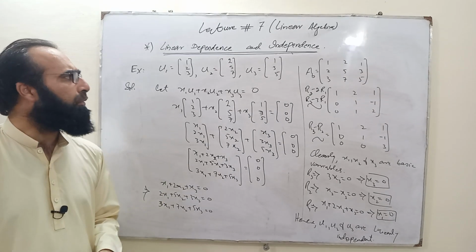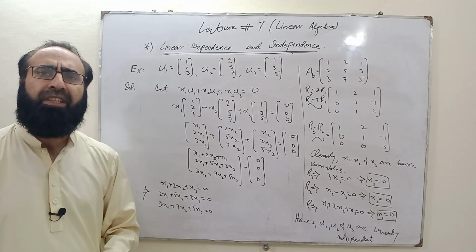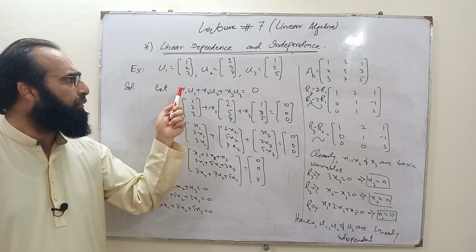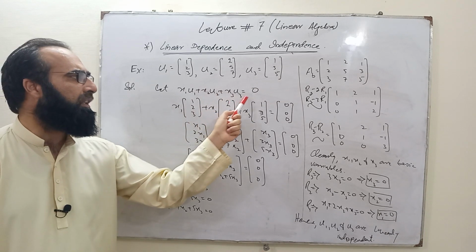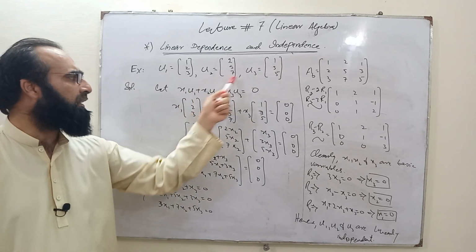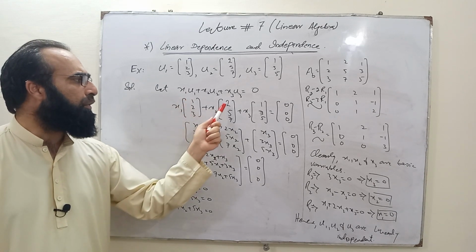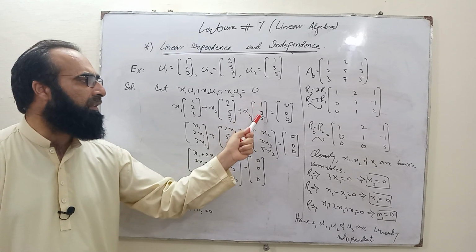In this example, we have to check whether these three given vectors u1, u2 and u3 are linearly independent or dependent. For this purpose we will use this equation x1 u1 plus x2 u2 plus x3 u3 equals 0. Now put these three vectors, we get x1 into (1, 2, 3) plus x2 into (2, 5, 7) plus x3 into u3, which is (1, 3, 5).